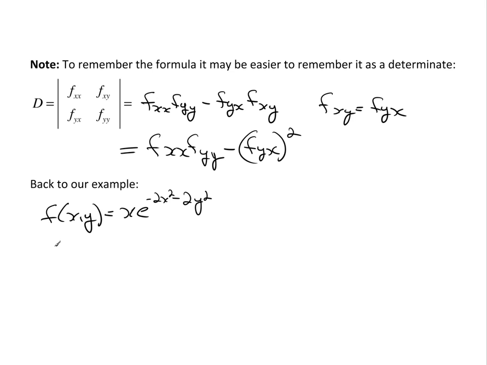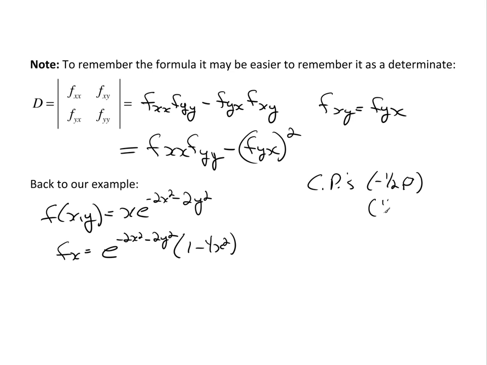And we said the partial with respect to x was e to the negative 2x squared minus 2y squared times (1 minus 4x squared). And this was 0 for the critical points up here: negative 1/2, 0 and 1/2, 0. So I need the second partial, f xx.